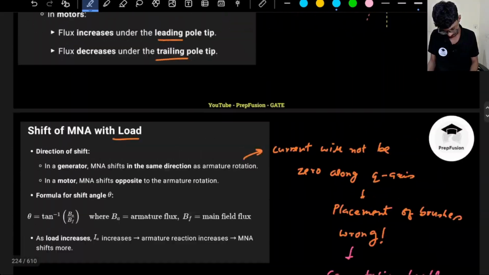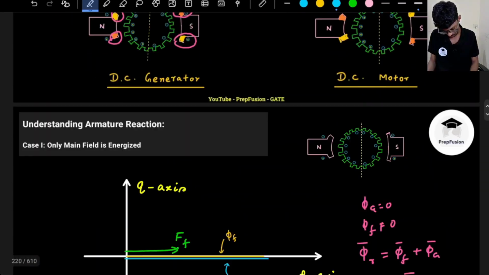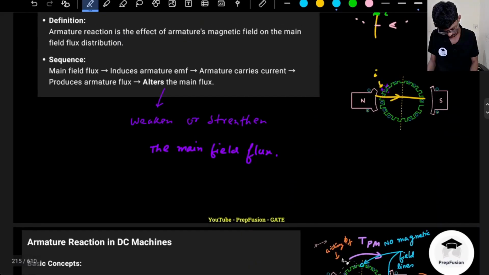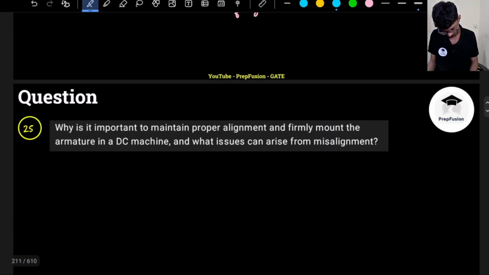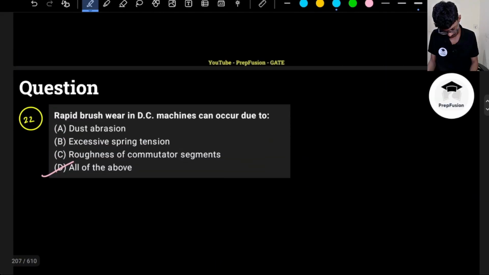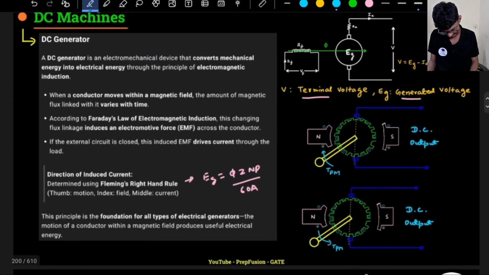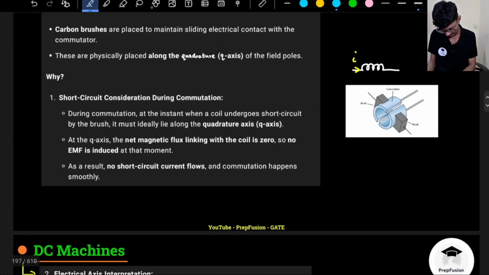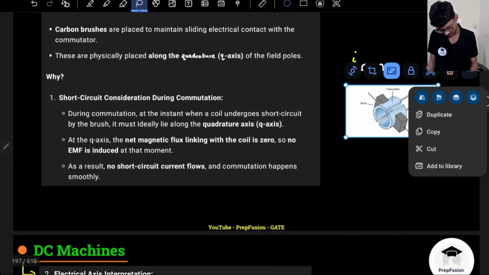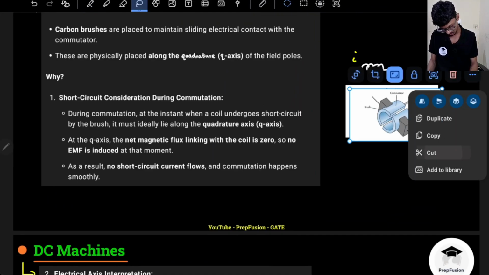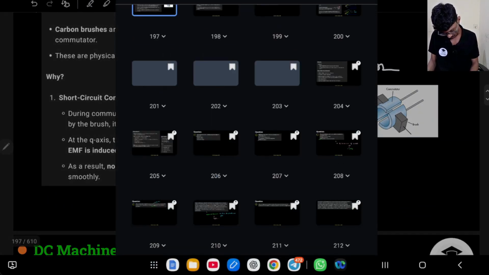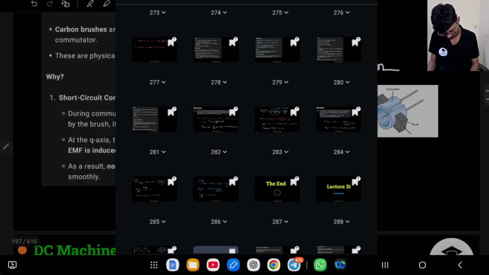We have discussed the commutator very earlier. Yes, this one. This is the picture that I was talking about. I have to go to page 300.